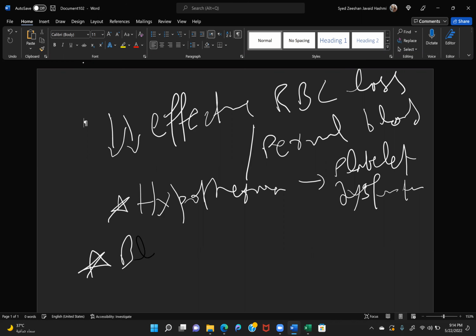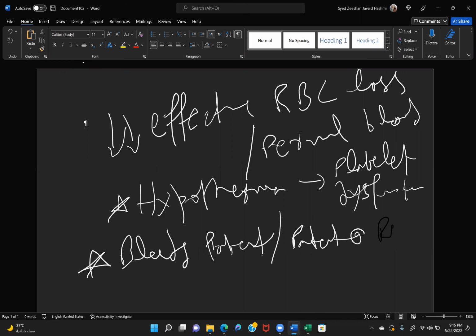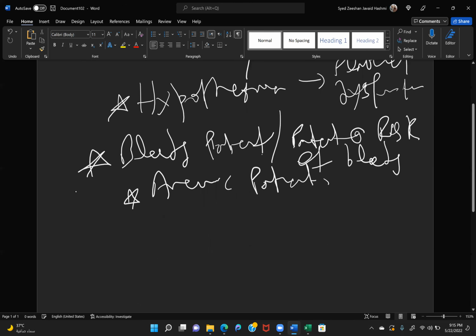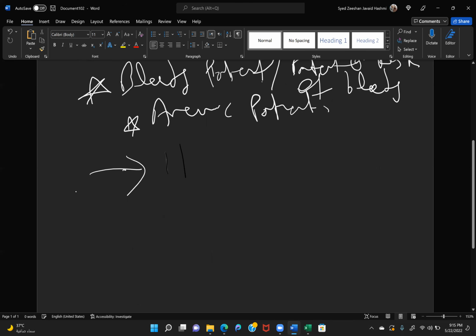One is a bleeding patient. One is a patient at risk of bleeding. And the third is an anemic patient. In an anemic patient there may be high cardiac output failure.